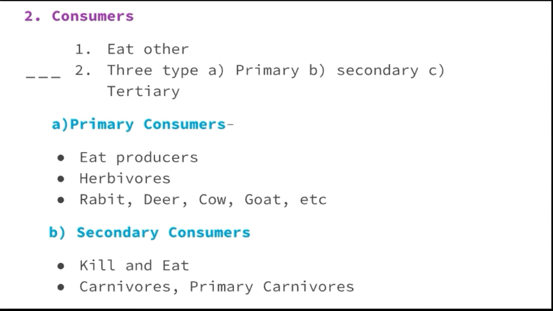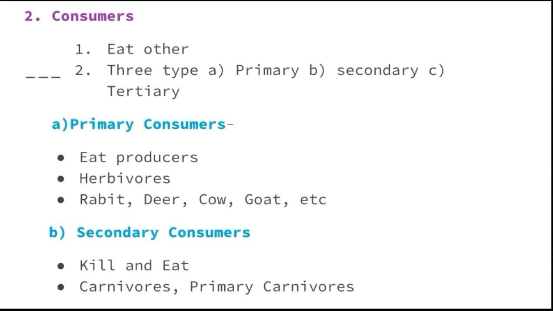As these carnivores directly depend on herbivores, they are called primary carnivores, for example fox, wolf, etc. These totally depend on herbivores; they first kill and then eat.